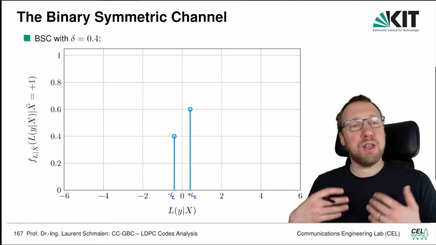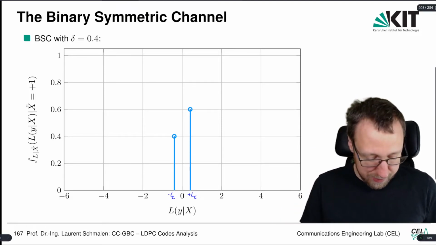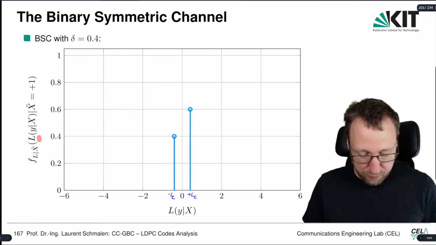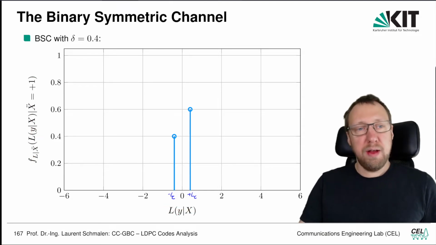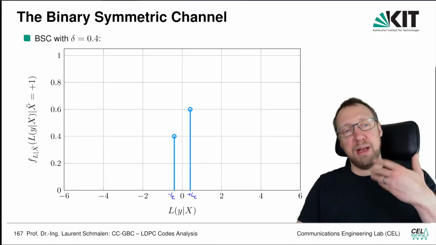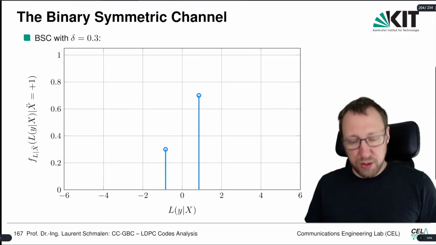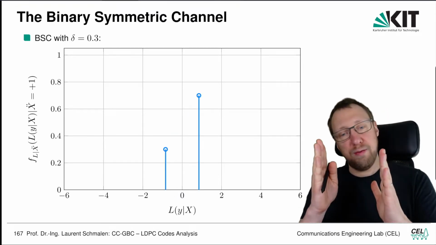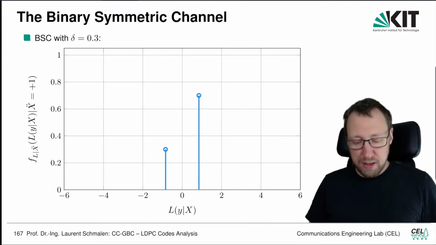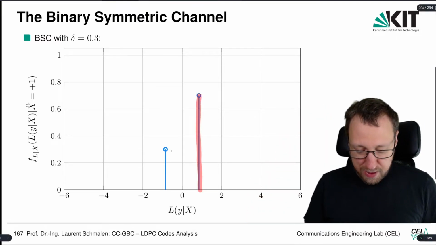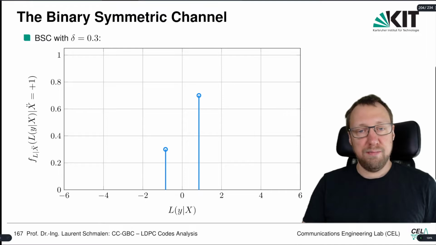Now, when we make the channel better, what we have here is f of L given x equals plus 1, and here is L. When we decrease delta, so the channel becomes better, the Diracs move a little bit further apart, and the height difference becomes more significant. So this one becomes higher, and this one becomes smaller.